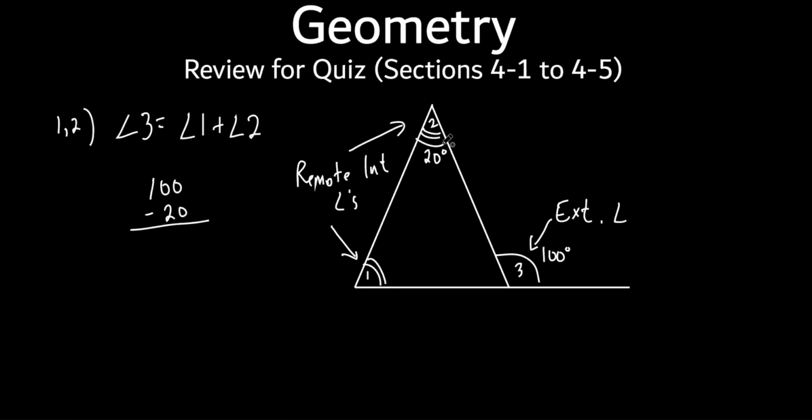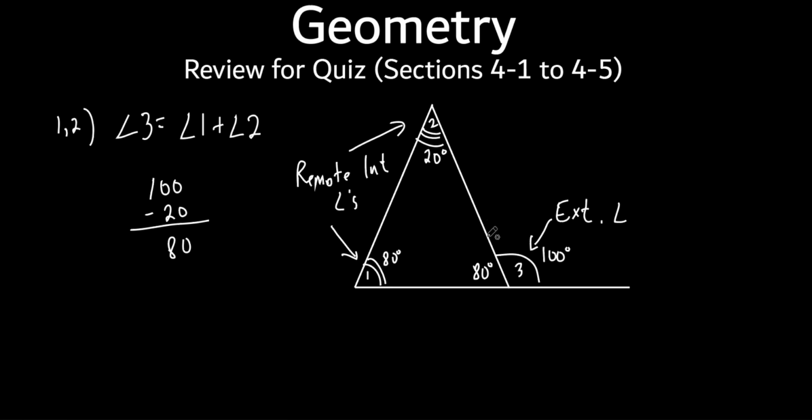And so how do you find what's left over? Just take it away. So take that away from 100, and that would be 80. So this angle right here would be 80 degrees. I could also ask you to find this angle, couldn't I? This would also be 80 degrees. Everybody with me?